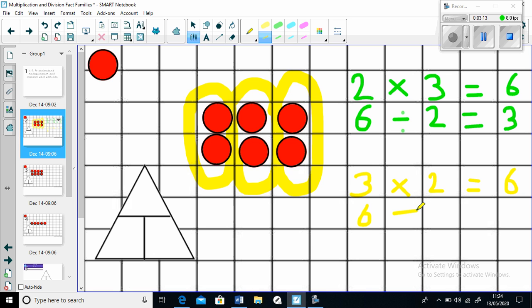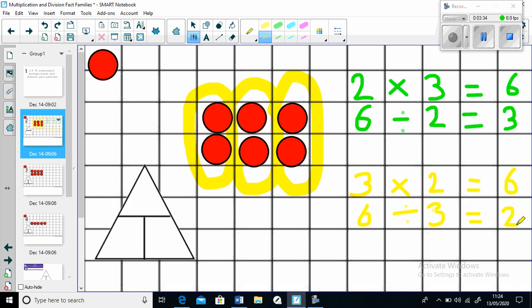I can share it into 3 equal groups. That's my divisor. And then in each equal group, in each column, I've got 2. That's my quotient, if I'm using the real proper mathematical words.